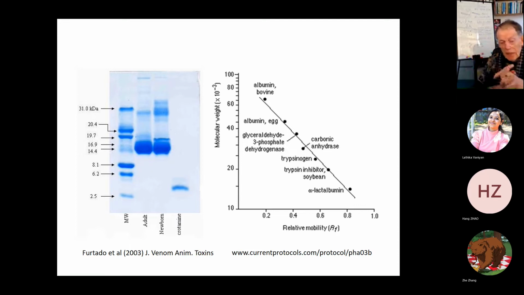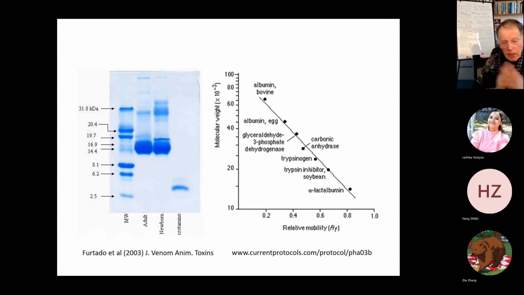It's a technique for giving the subunit molecular weight of proteins, unless you've got proteins which are linked together by disulfide bonds, but then if you added mercaptoethanol or DTT, you would have disrupted that. So it gives the subunit molecular weights of protein molecules.